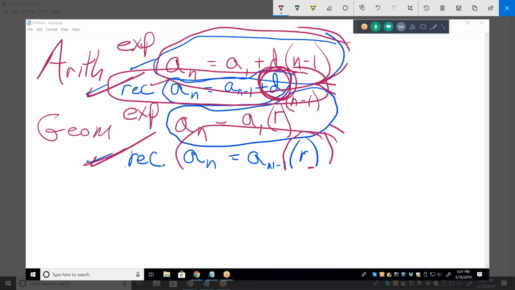Let's see. I'm trying to find one that looks hard. If you can find one where they don't give you a sub 1, those tend to be hard, because you can see that our explicit formulas all start with a sub 1.